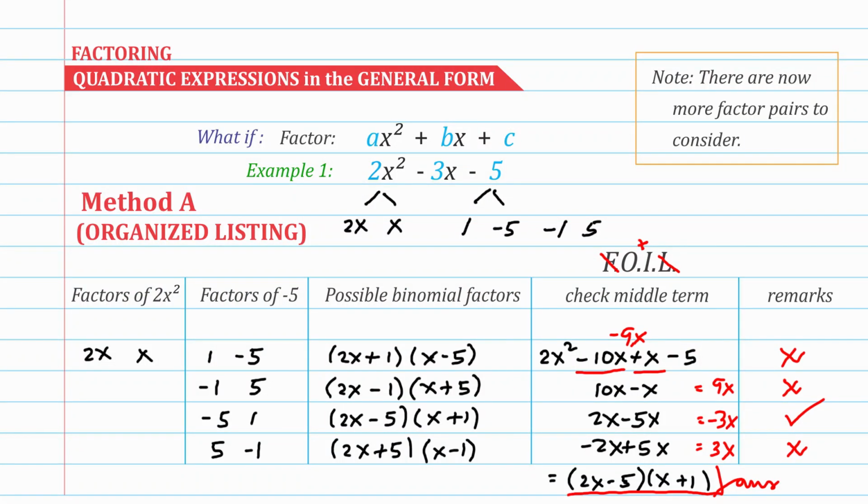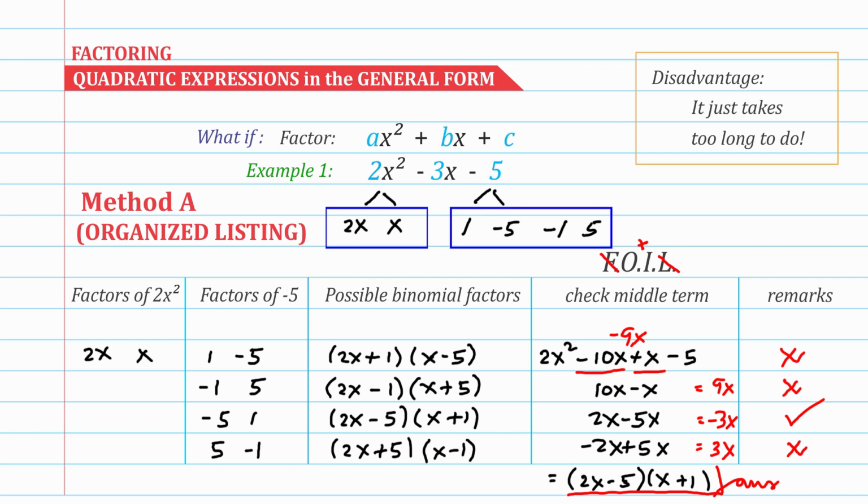Let us also recall factoring trinomials of the general form with leading coefficient not equal to 1. Here was an example from part 4a, the previous video. What we did here is called organized listing or trial and error. It can be done with patience, but the big disadvantage of this method is that when the first term and the constant term have too many factors, there are too many factor pairs to check.